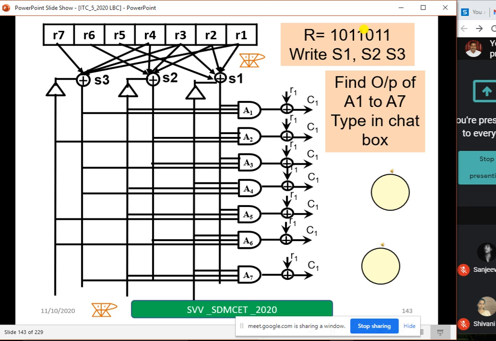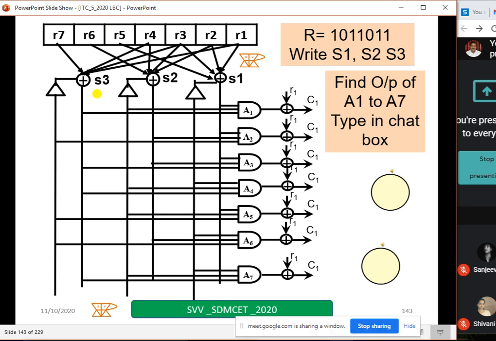Now, the diagram you already have with you. Use a pencil only. Received is 1011011. Write it down here. Write down S1, S2, S3.